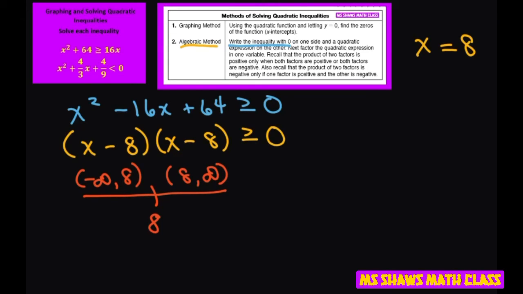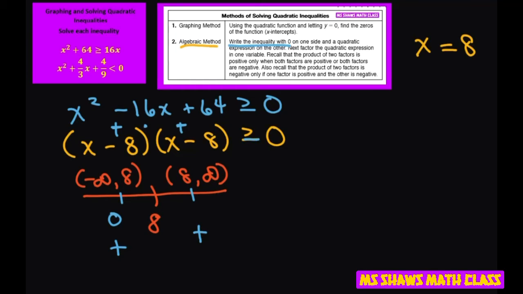So if I plug in, say, let's plug in 0, I'm going to get negative here times a negative. So that's going to be a positive. If I plug in 9, I get positive times positive, and that's positive.